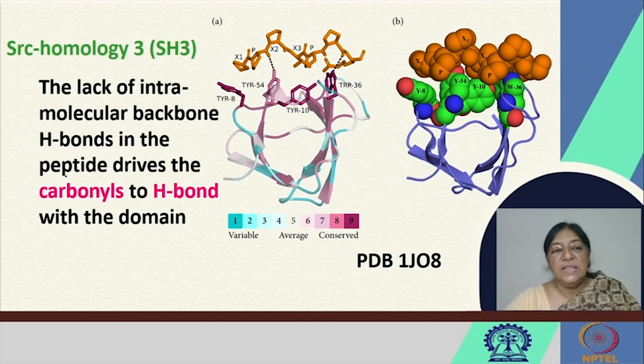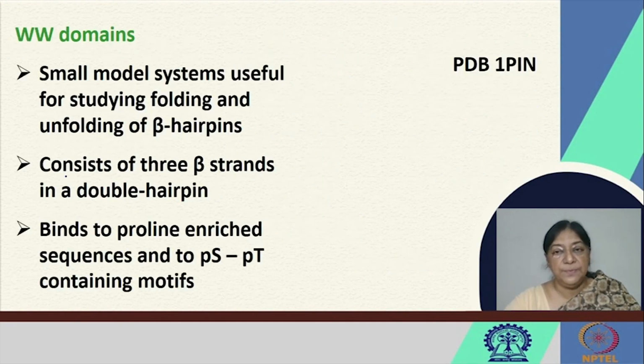As such, there is a lack of intramolecular backbone hydrogen bonds in the peptide, and this drives the carbonyls to hydrogen bond with the domain, creating an affinity site for the specific recognition required.